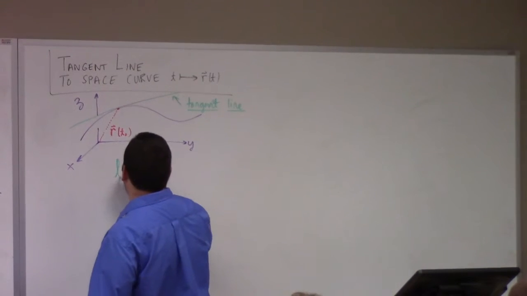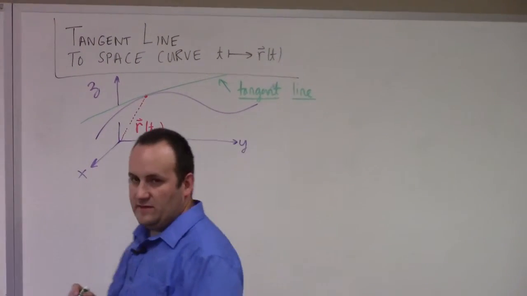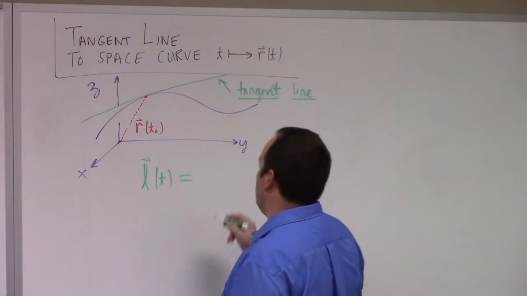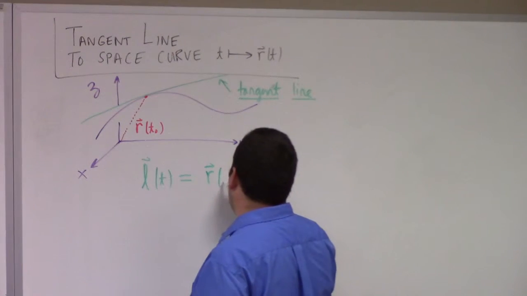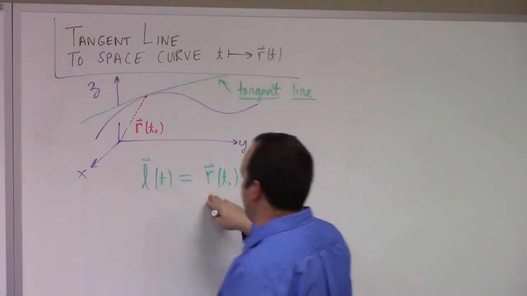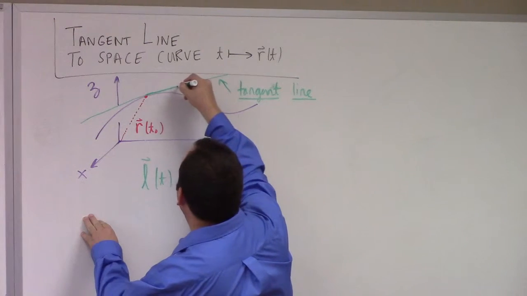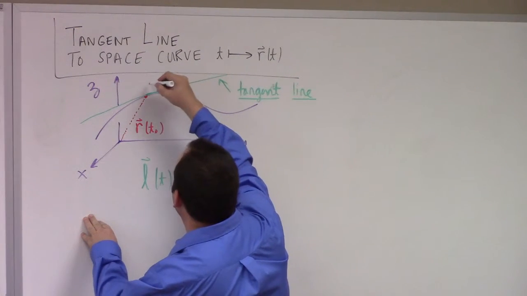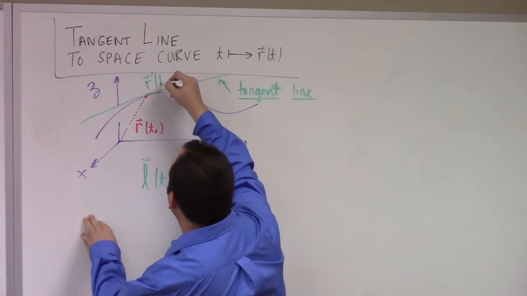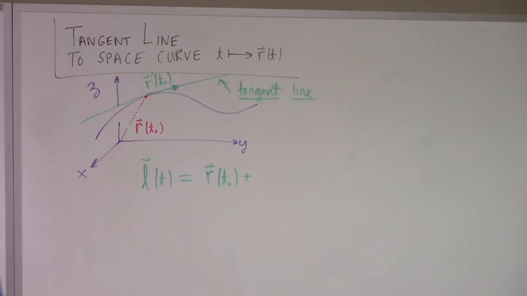So let's say L of t is the tangent line. What I would do is r of t naught plus what? That gives me the base point. The direction vector would be r prime of t naught, or if you will, the velocity vector.